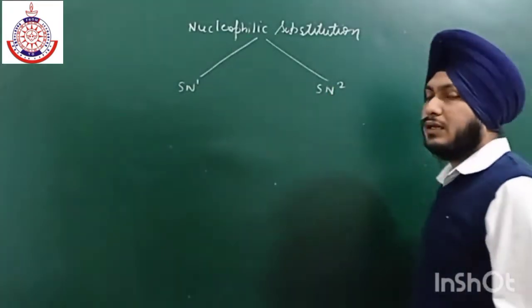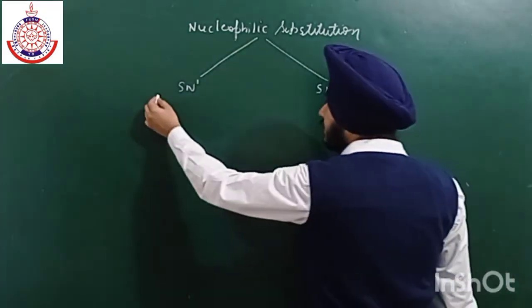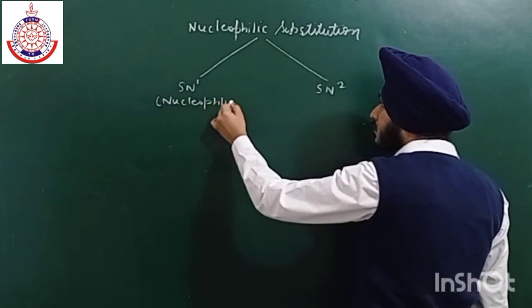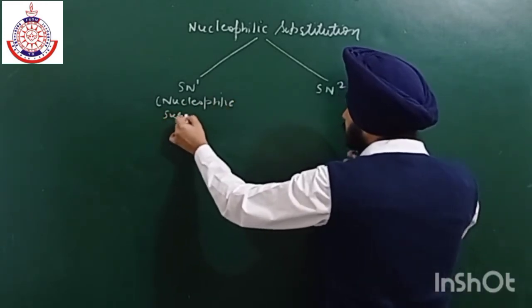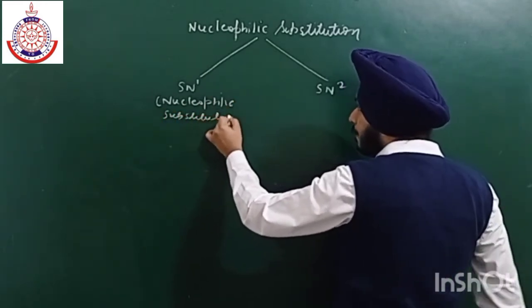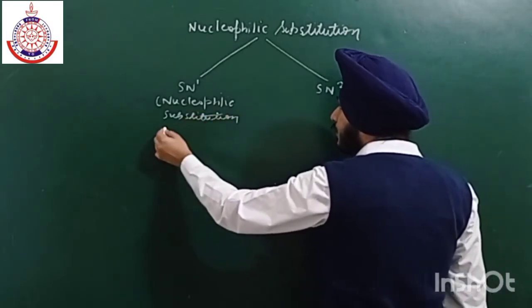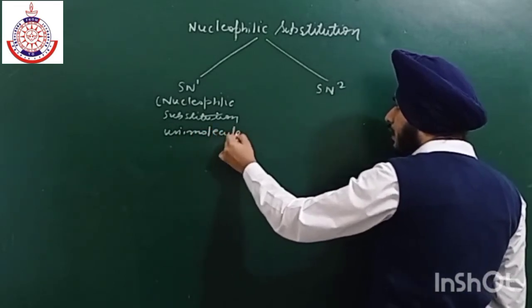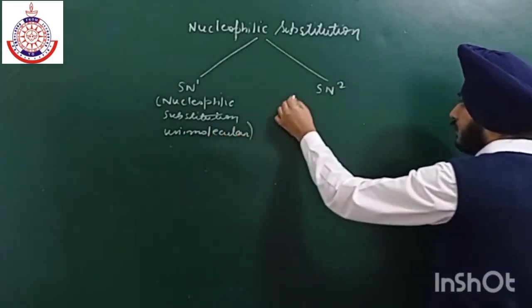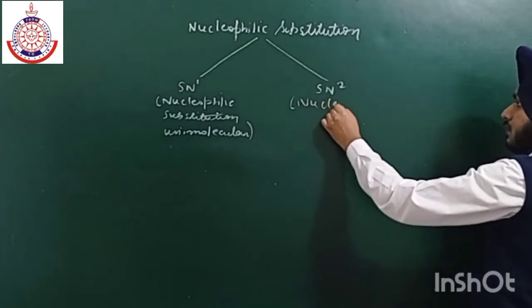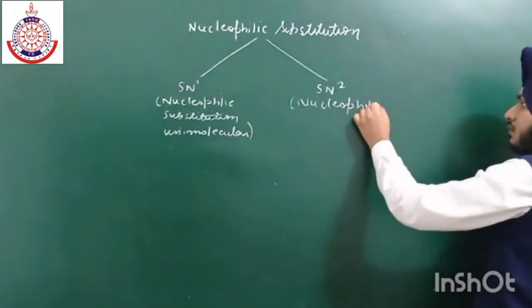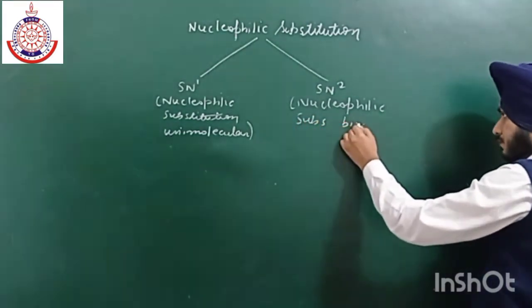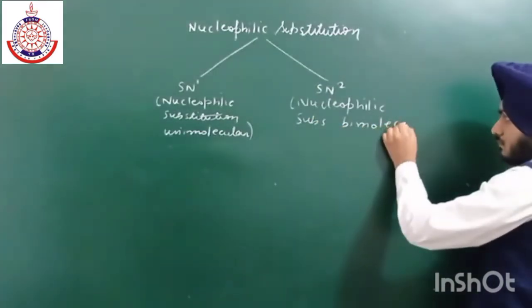SN1 is nucleophilic substitution unimolecular, and SN2 is nucleophilic substitution bimolecular.